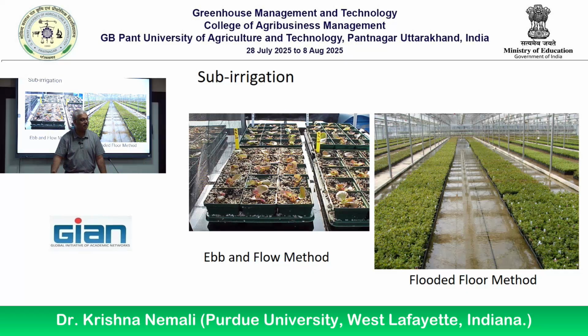What is the direction of water? It's going upwards. So there is no leaching at all. There are no leaching losses. You don't waste any fertilizer. This is a very good method of irrigation, especially to prevent environmental pollution. There is no runoff of fertilizer salts into lakes and ponds, because water is going up and it will stay in the pot all the time.